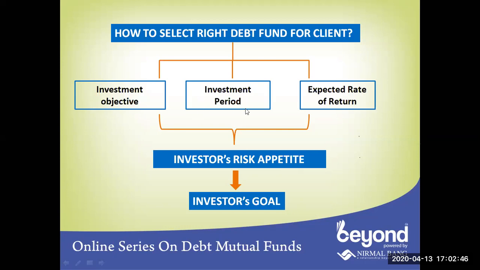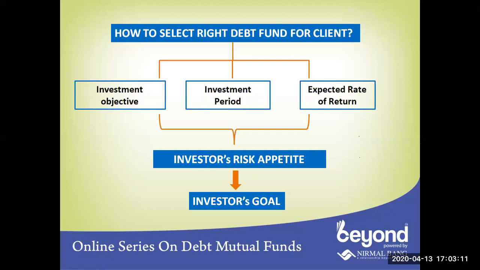The second is the investment period. What is the investment period for that particular investment? Someone may want to invest for 6 months, 3 months, a year, or a 3 year or 5 year perspective. The third one is the expected rate of return, I would say the expected real rate of return.